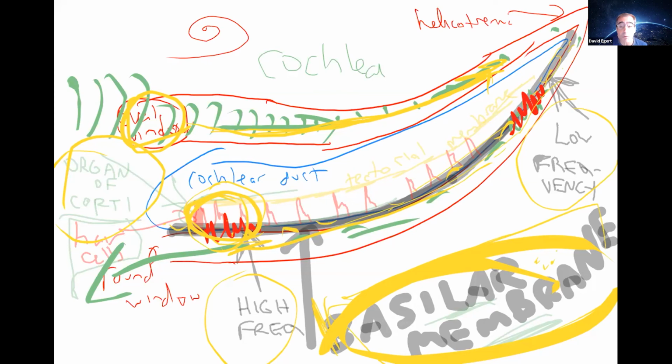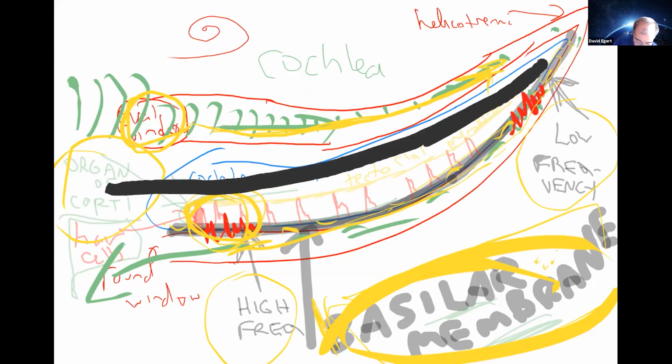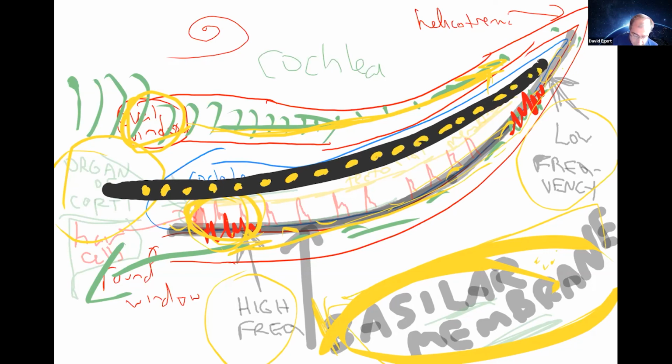This is also how cochlear implants work. When somebody gets a cochlear implant, they literally take an array of electrodes and just shove it up the cochlear duct here. And then you have little electrodes all along the way. Somebody has some little electronic thing that's listening to the sound outside and then analyzes it for frequency content.